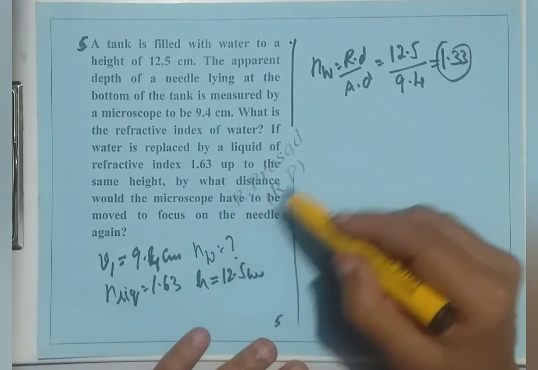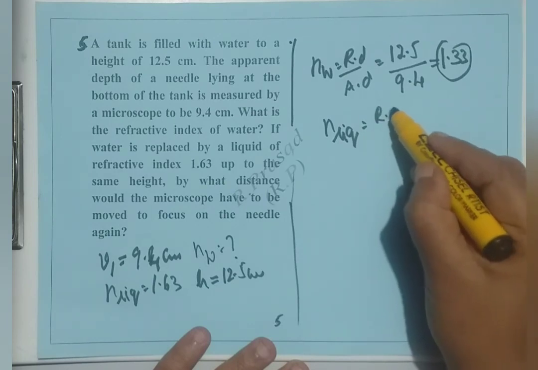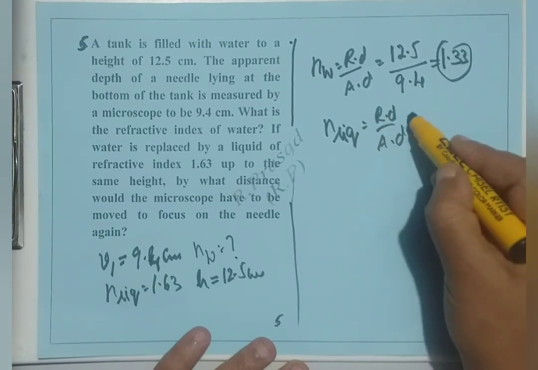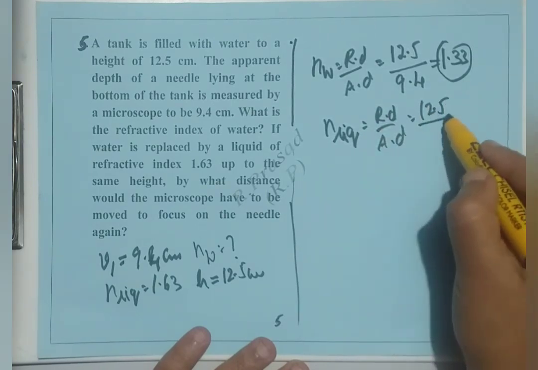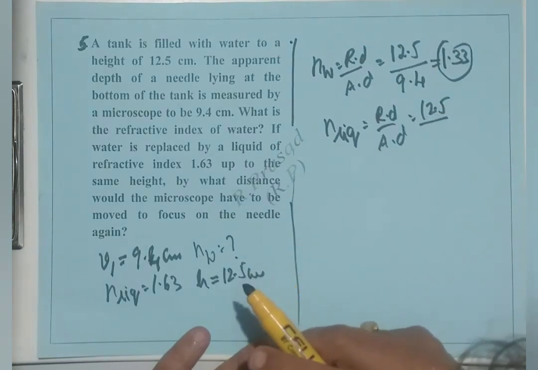Then liquid, N liquid is taken, which is also real depth by apparent depth, but real depth 12.5 and apparent depth is to be calculated.